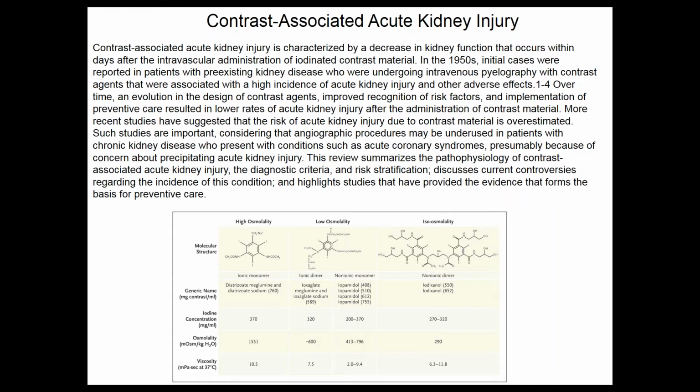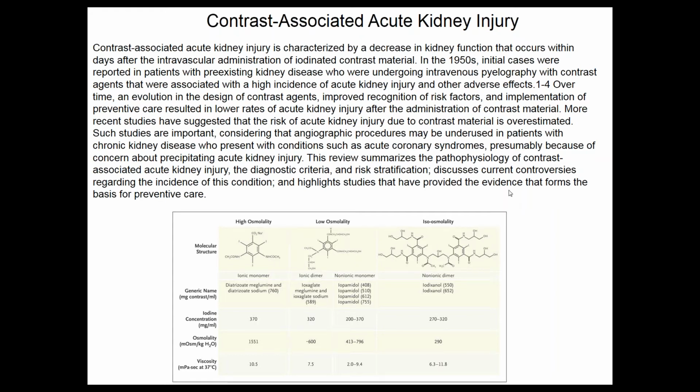And since that time, additional iodinated contrast agents that have either low osmolality or are actually even isoosmolar have been developed in the hopes that these newer contrast agents would be better than uroselectan or diatrizoate, which we used for years.